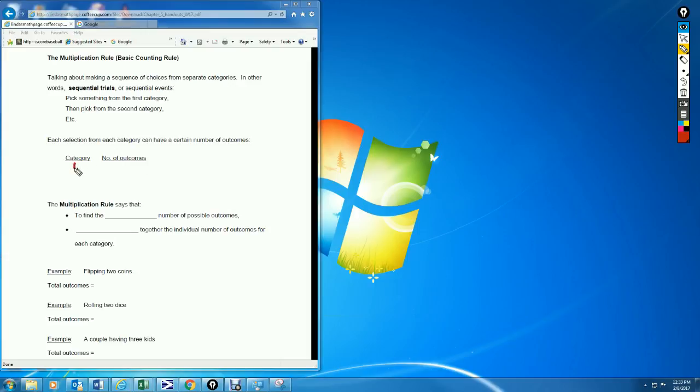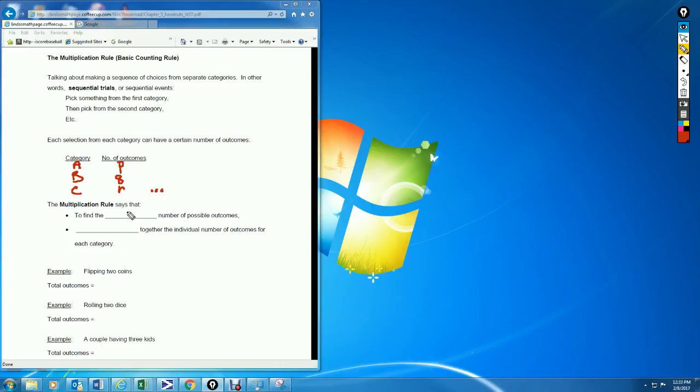So for example, whatever the first category or event is, maybe it has P total outcomes. Maybe the second category, B, has Q outcomes. And maybe the third category has R outcomes. And so on, however many you have.